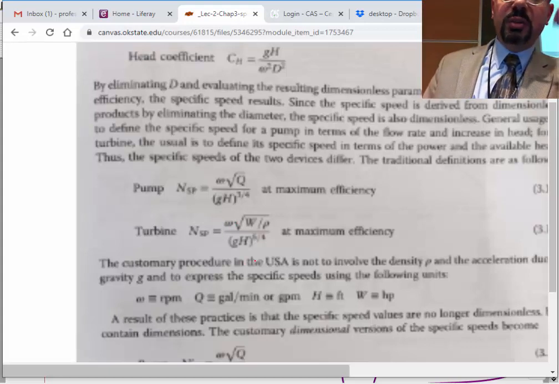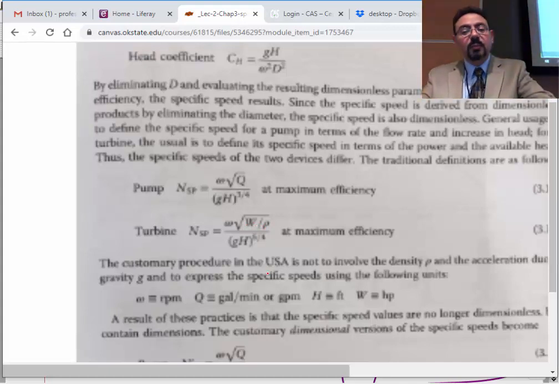And the same thing for the turbine. So for the turbine, what do we have? We have the power. Power should be in joules per second. The density of the water, g and H, and the omega. Omega should be radians per second. If you make everything in SI, this number will be dimensionless.